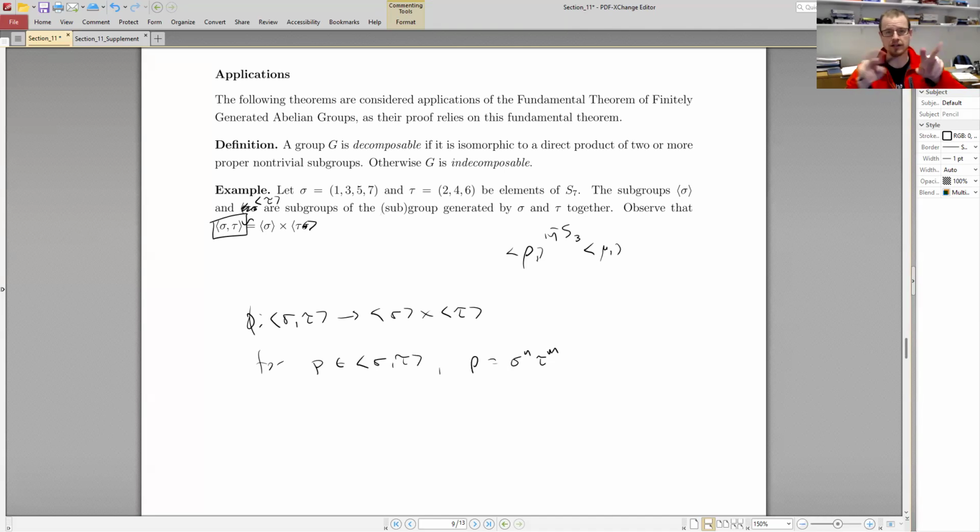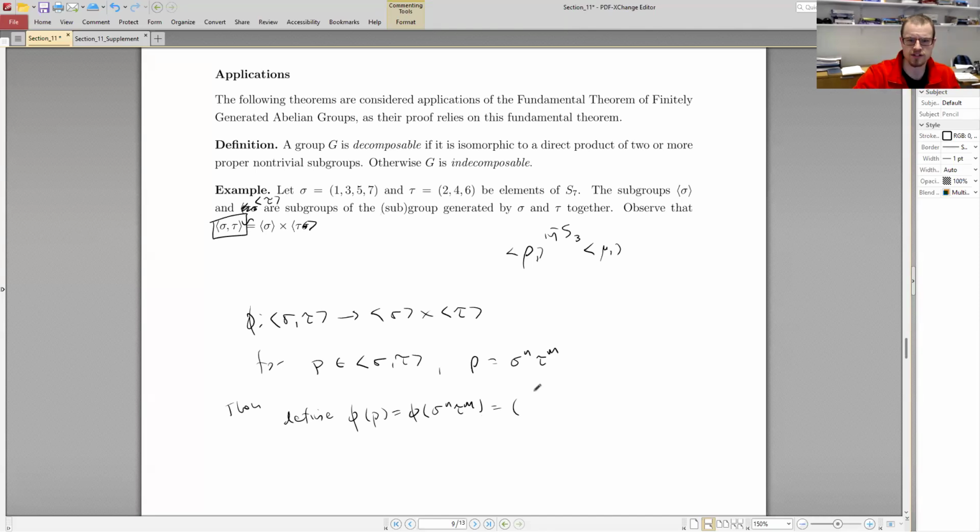So any collection of products, I can rearrange them. So it's just sigma to a power, tau to a power. Then define phi of P to be phi of sigma to the n, tau to the m.